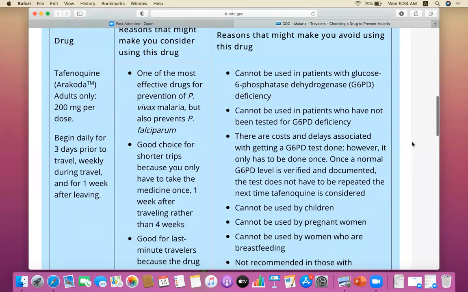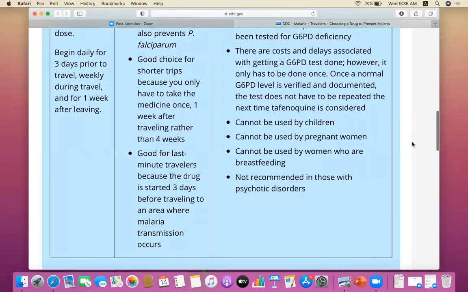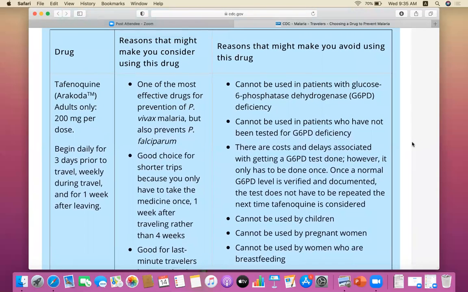It is a good choice for shorter trips because you only have to take the medicine until 1 week after traveling rather than 4 weeks. No need to take the medicine for 4 weeks, whereas with chloroquine and mefloquine we have to continue for 4 weeks after the travel finishes. It is good for last minute travelers because the drug is started 3 days before traveling to an area where malaria transmission occurs. It cannot be used in patients with glucose 6 phosphate dehydrogenase deficiency.